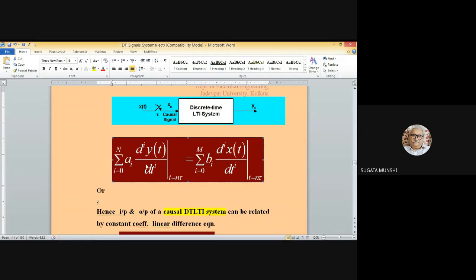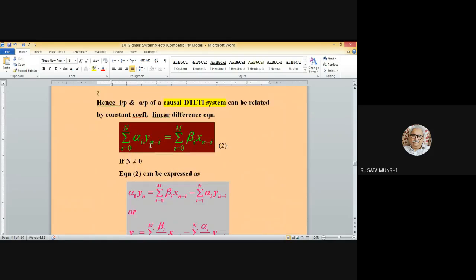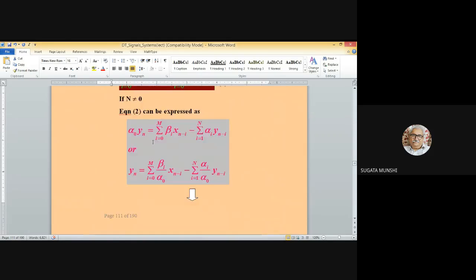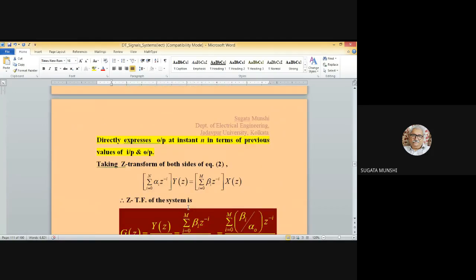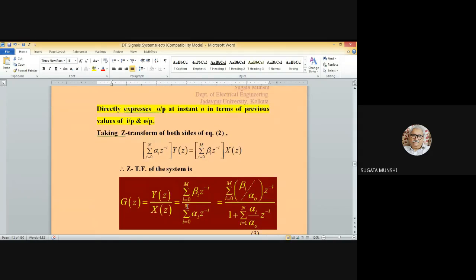So we were getting this expression. I've written it. If you haven't written it, please write it down. So it directly expresses the output at instant n in terms of previous values of input and output.